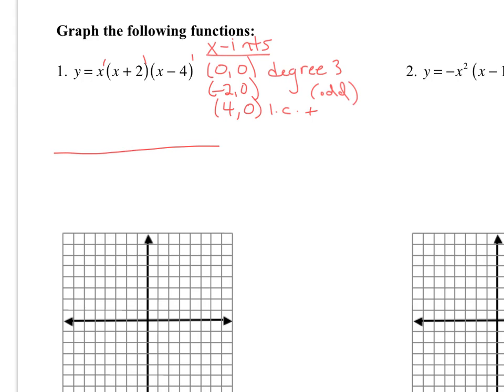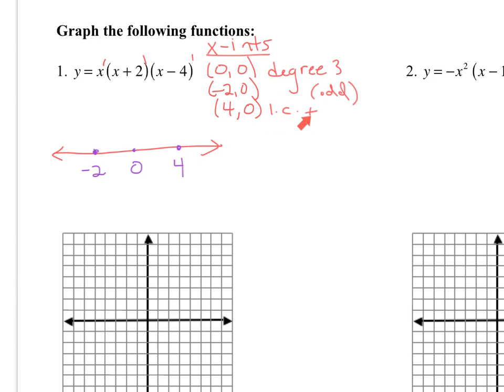So we're going to make a number line, put our zeros on it. So we have negative 2, 0, and 4. And again, we're going to take a look at the leading coefficient first. The leading coefficient tells us what is going to happen on the right side.